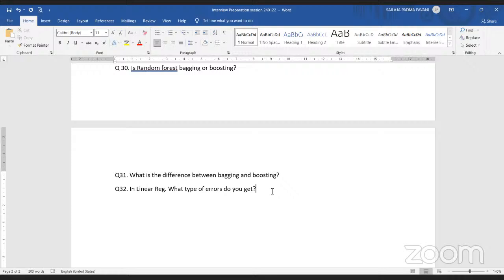How can you calculate the error in case of linear regression? Not what type of error, but how can you calculate the error? Yes, calculate errors.